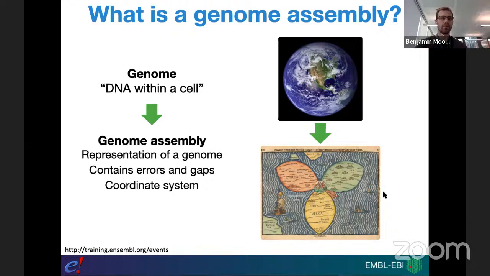But back in the 16th and 17th centuries, when the technology wasn't available, we did have maps, but they had lots of gaps and errors and mistakes. That's exactly the same with genome assemblies. Assemblies produced a few years ago might have gaps and errors where the technology wasn't able to create a perfect picture across the whole genome. But now the technology is improving, so we have new versions of genome assemblies that are improvements on ones that have come before.